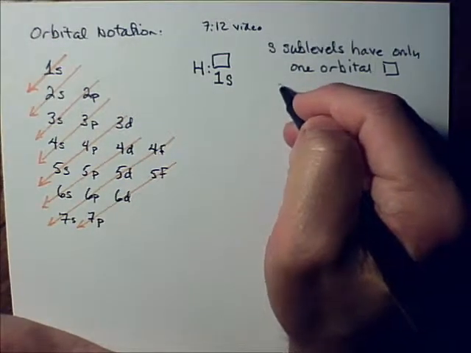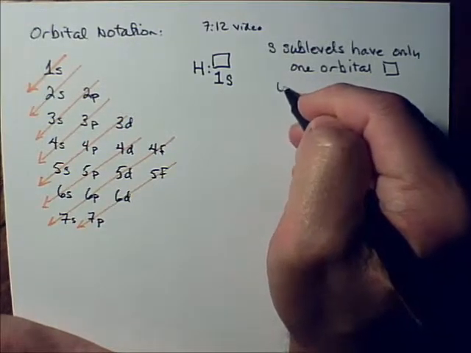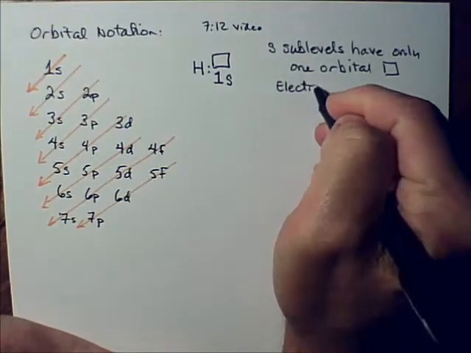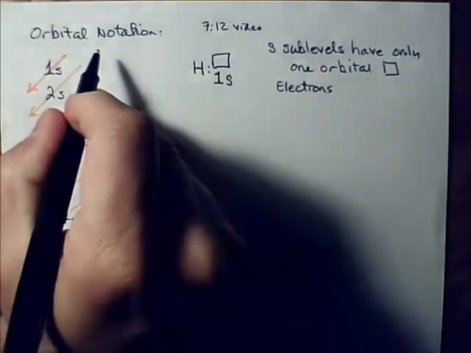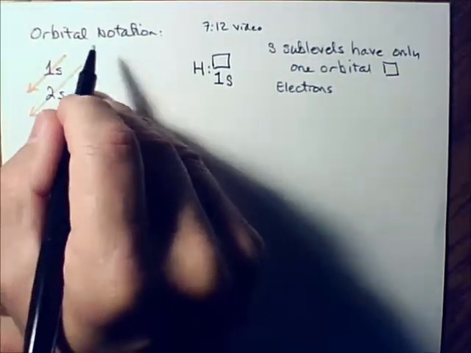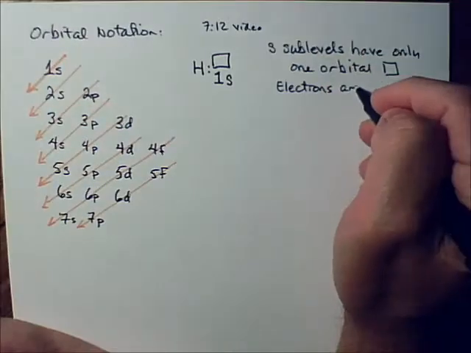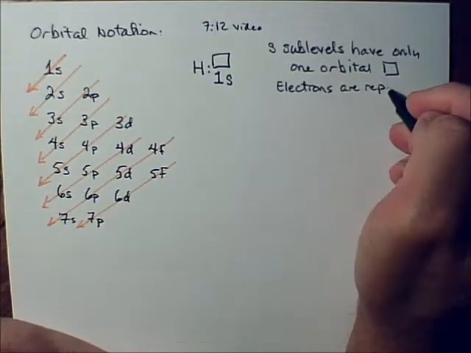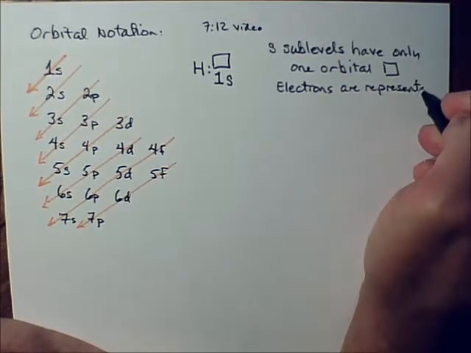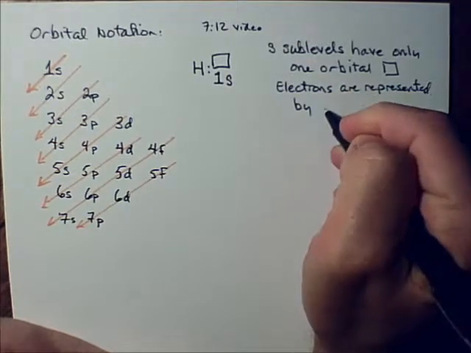And then we will represent electrons in orbital notation. This is the only time this is used, but in orbital notation, electrons are represented by arrows.